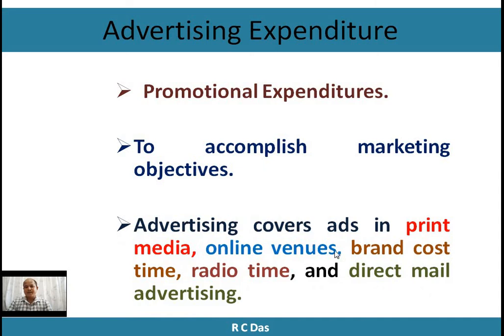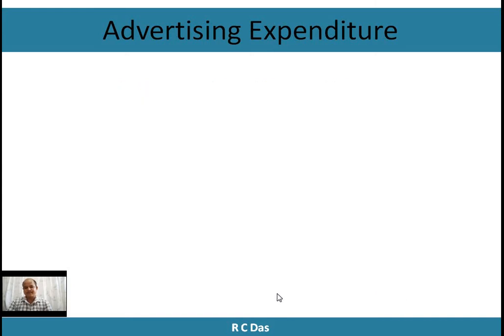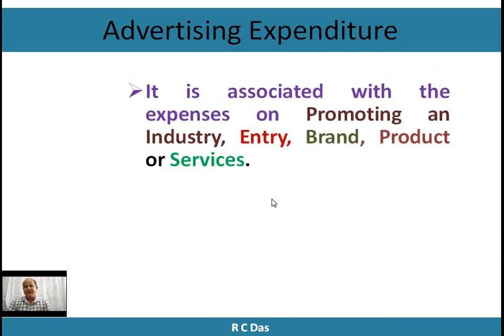Advertising covers different kinds of ads done by the firm in print media, online venues, broadcast time, radio time, and direct mail advertising. Advertisement expenditure is associated with promoting an industry, entry, brand, product, or services.